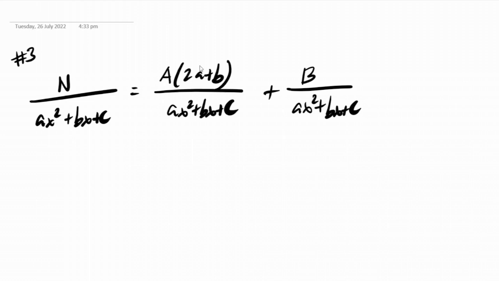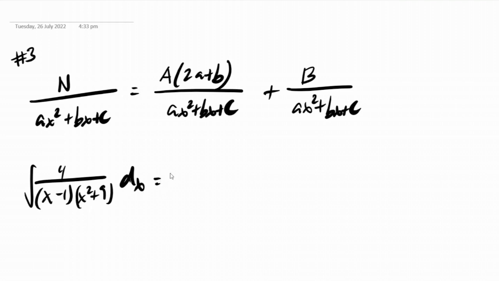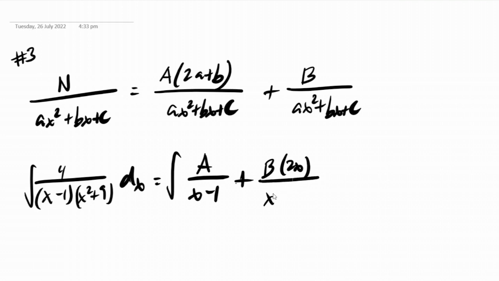We will look for the values using partial fraction: a over x squared plus 9 plus b times 2x all over x squared plus 9 plus c over, without the derivative, just x.